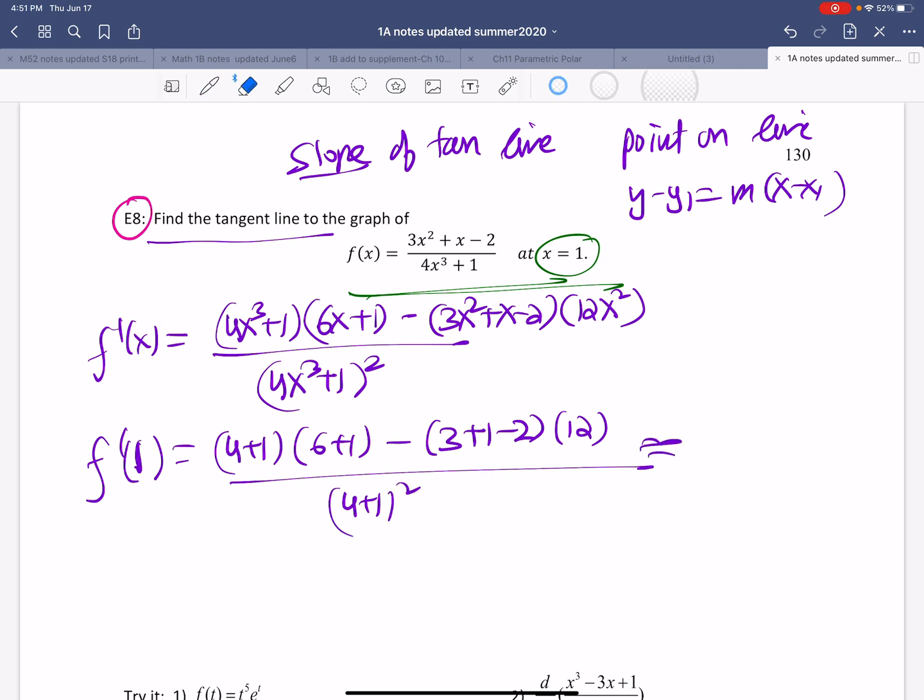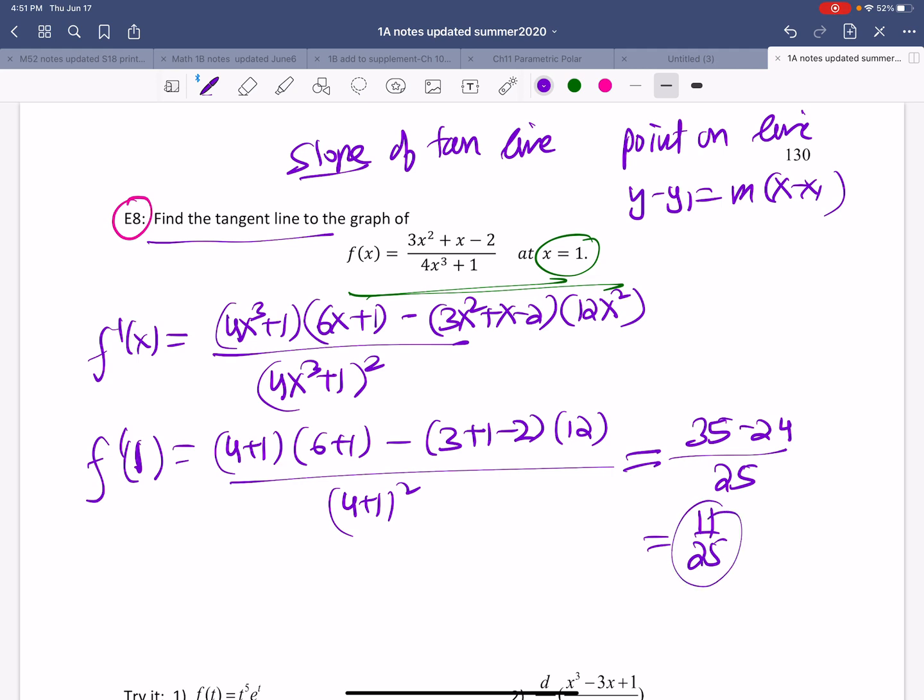And once we simplify, this is going to leave us with 35 minus 24 over 4 plus 1, which is 5 squared, is 25. So 35 minus 24 is 11 over 25. That's going to be my slope. 5 times 7 is 35. And 3 plus 1 is 4 minus 2. 12 times 2 is 24.